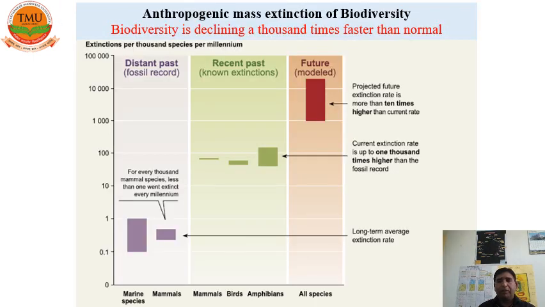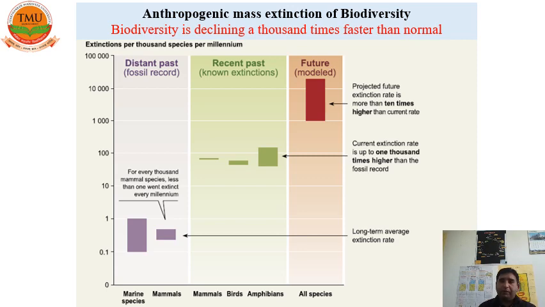The matter of our concern is that biodiversity is declining very fast. Scientists have calculated that it is declining 1,000 times faster than normal. The origin of different types of species is normal, and extinction of different types of species is normal in the course of development of earth.